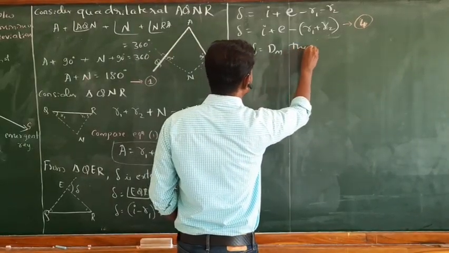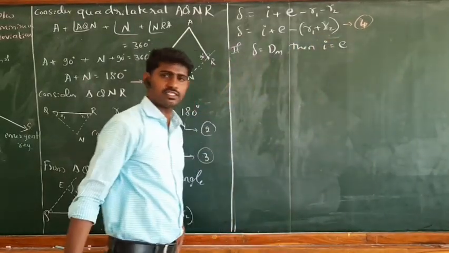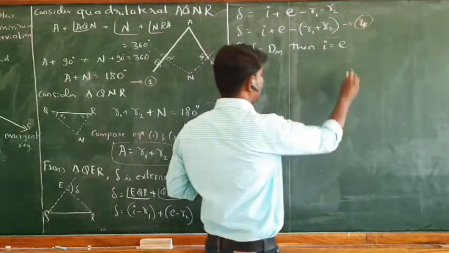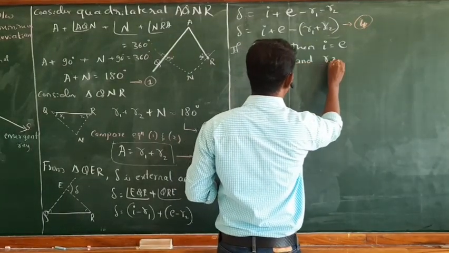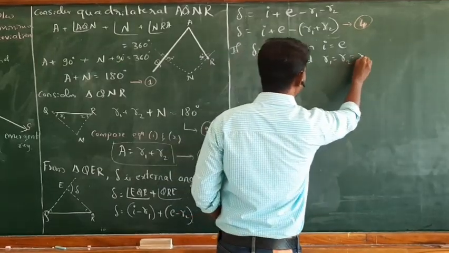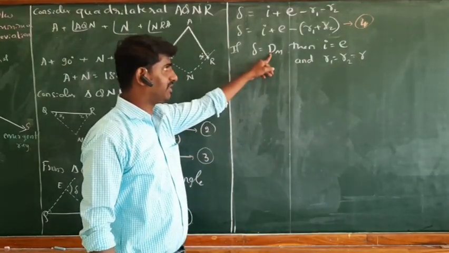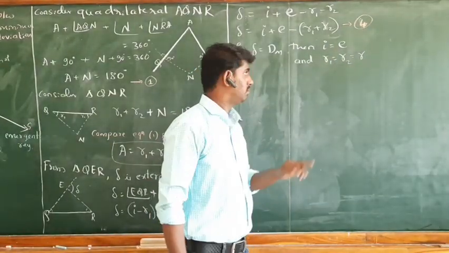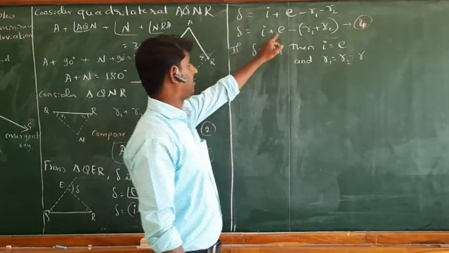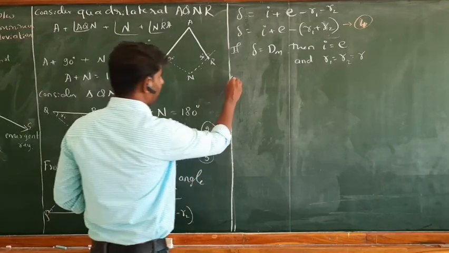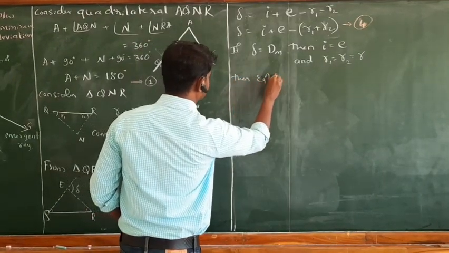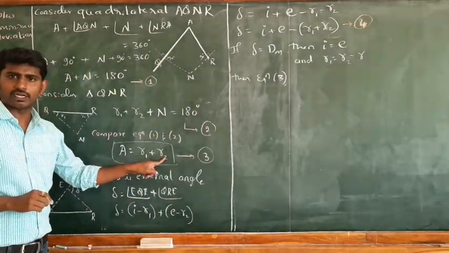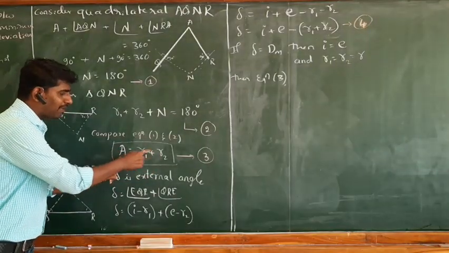If so, then the value of I is equal to E. We know this concept: if it is a minimum deviation, the angle of incidence is equal to the angle of emergence, and R1 equals R2, and I say this is simply R. Substitute these values in equation 4 and equation 3. Equation 3 is A equal to R1 plus R2. Both are equal, so I say A equals R plus R.